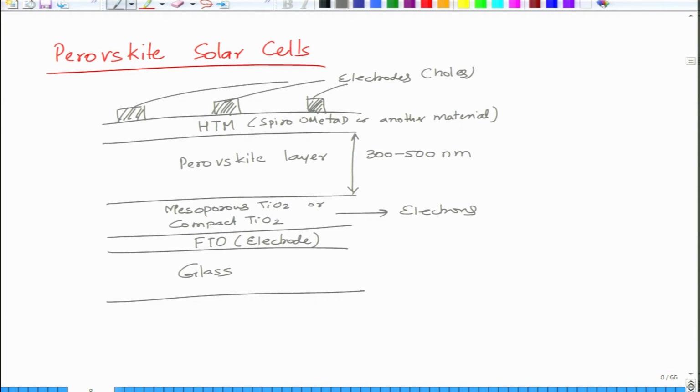Okay. So, this is basically the structure of modern perovskite solar cells, which uses a glass followed by FTO, followed by a mesoporous or compact TiO2, followed by a perovskite layer, and then followed by a HTM, and you can have two structures. This structure is generally called a NIP structure, right.